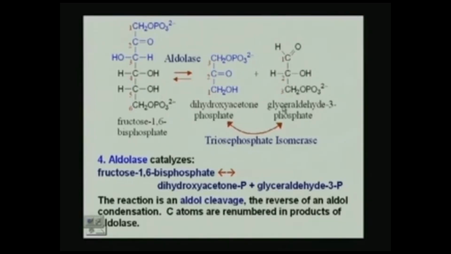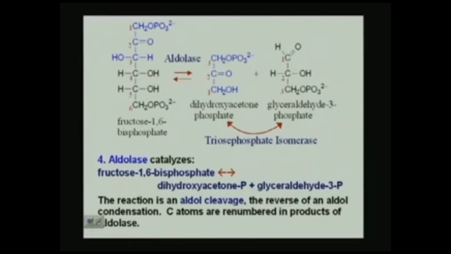So you can go from one to the other by what enzyme? An isomerase. What is this isomerase going to be named? It works on a 3-carbon unit. So a triose phosphate isomerase. Okay? So you see, if you look at the nomenclature, it's actually very simple.